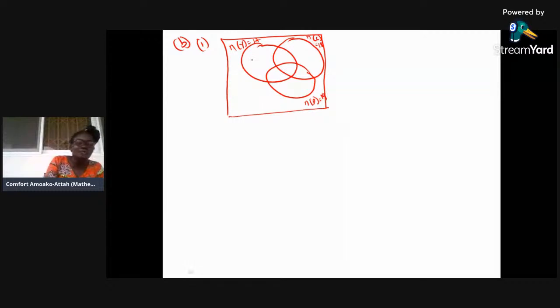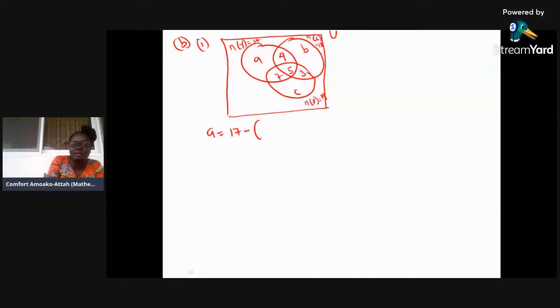Then we have, let's say, A, B, and C. Intersections, we have 4, we have 7, we have 3. Then our 3 intersection. Okay, now let's say A is equal to 17 minus everything in here.